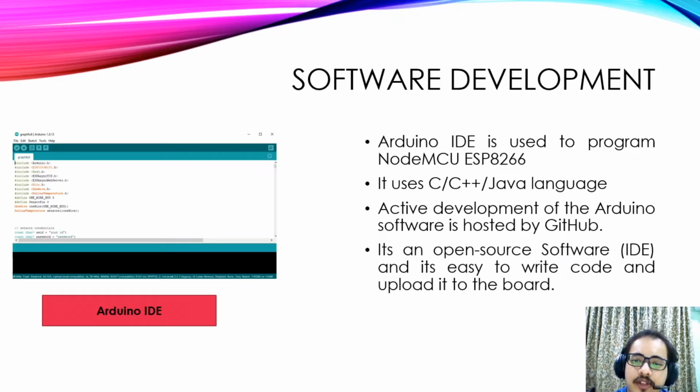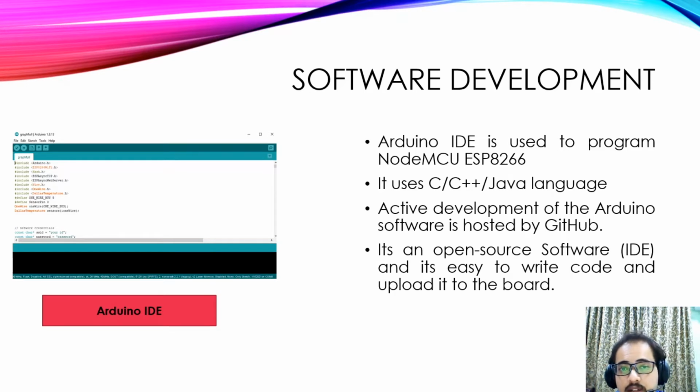Okay, for software development, we use Arduino IDE to program the NodeMCU. This software uses C or C++ as a programming language. It's an active development of the Arduino software, which is hosted by GitHub.